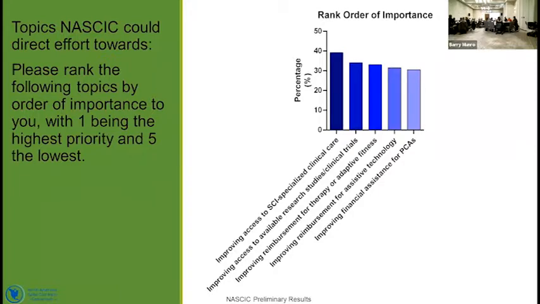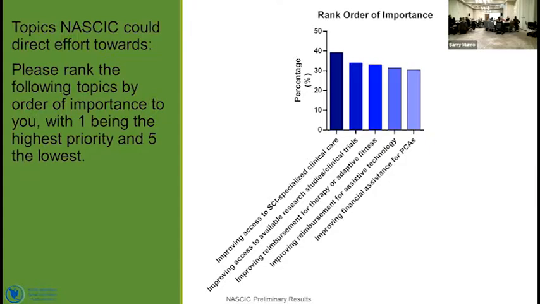So the #1 ranked topic was improving access to SCI specialized care. Not a lot of our organizational members probably know the real serious extent of this. Having access to care from people that know about spinal cord injury is really difficult to find and maintain access to. #2 was improving access to available research studies and research trials. That's really 2 really important areas. And then now look at the last 3.